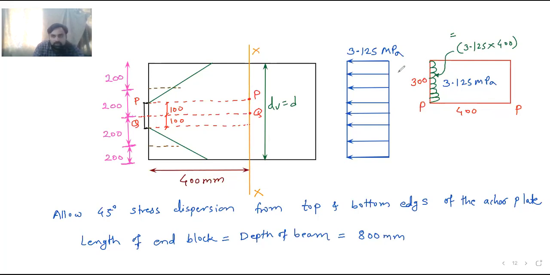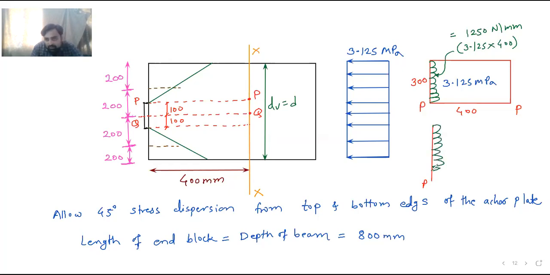So it will be 1250 Newton per mm. Okay, 1250, and this 1250 is the UDL. Now if I draw this separately again, for your understanding, not required in the exam, here is my plane P, and this is my UDL.